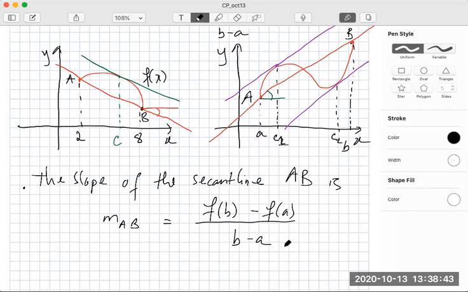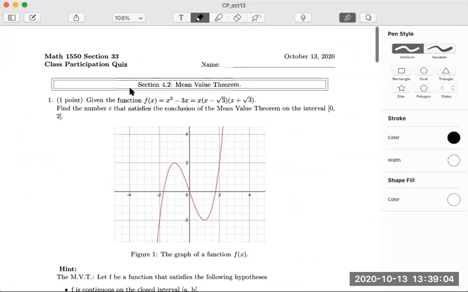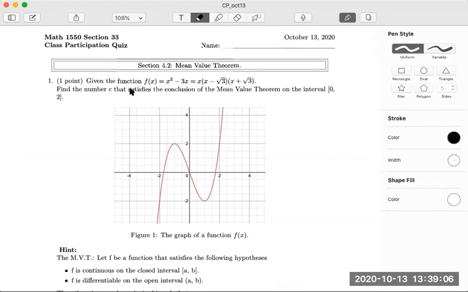Now, everyone take a look at the paper I gave you. For people on Zoom, you can download it and open it, please. Here, again, we play with this function. f of x is x cubed minus 3x.